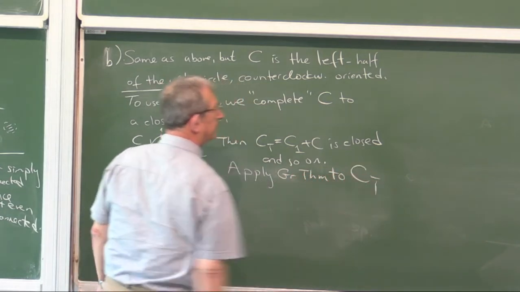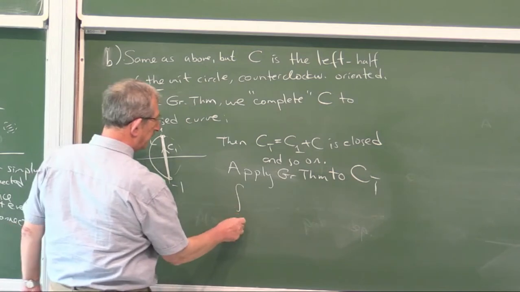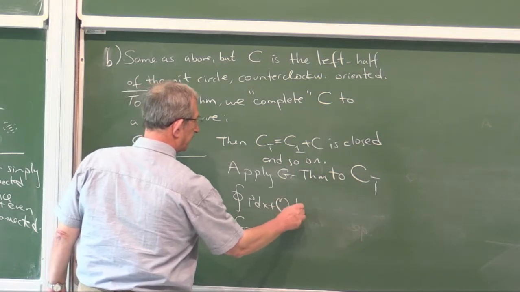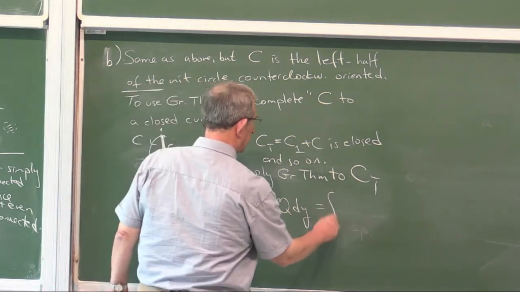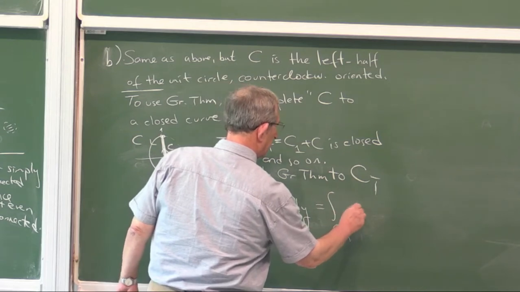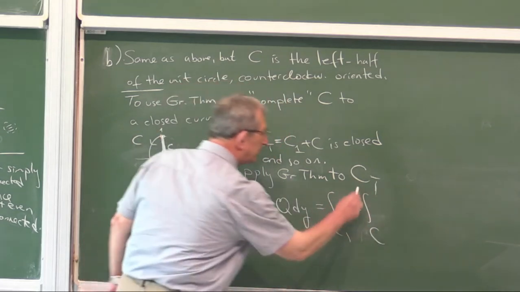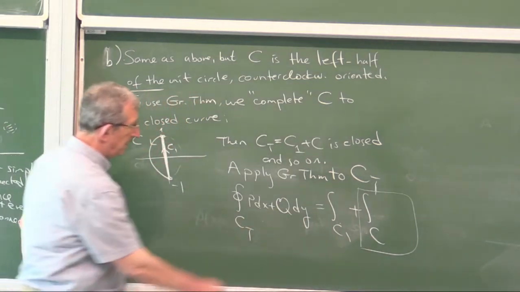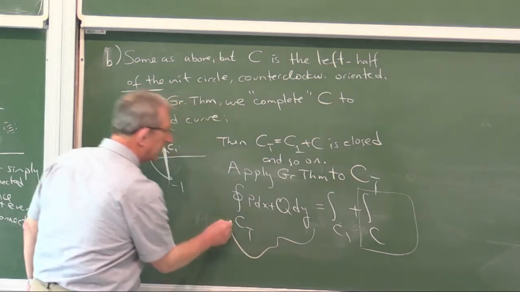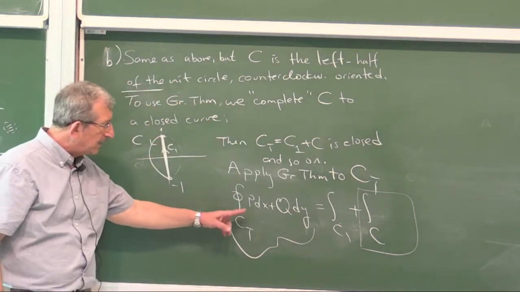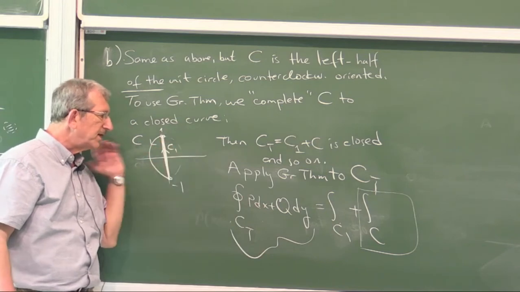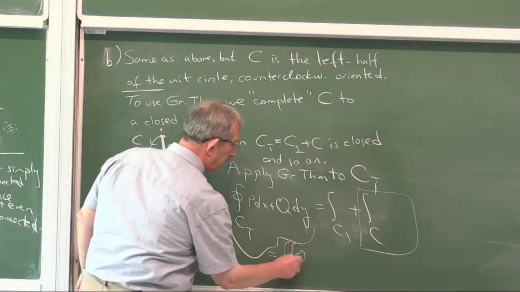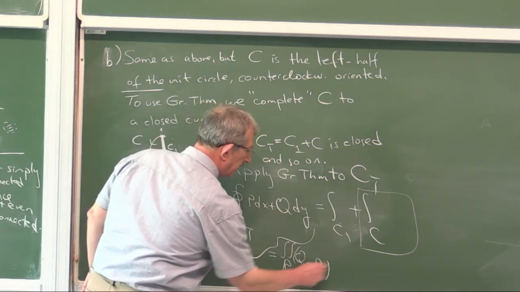to C total. This says that the integral over C total of P dx plus Q dy is the integral over C1 plus the integral over C. Now, this is what we want, so we have to calculate the other two. But in here, because that is a closed curve and the conditions are satisfied, this is the double integral over R of Q sub x minus P sub y dA.